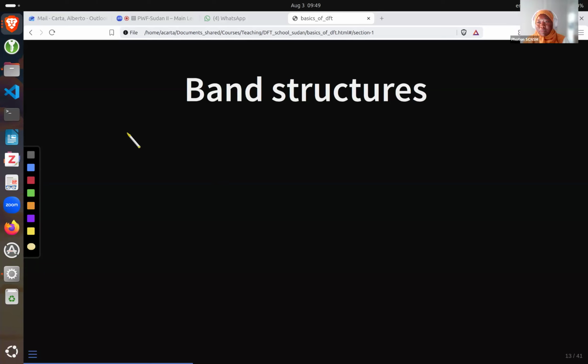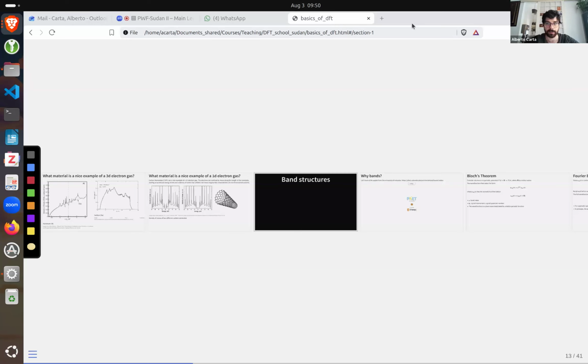There is a question by Abu Sandal: why does aluminium approximately follow the free electron gas model? The reason is that this happens generally for simple systems, at the beginning of the periodic table, or alkali metals.